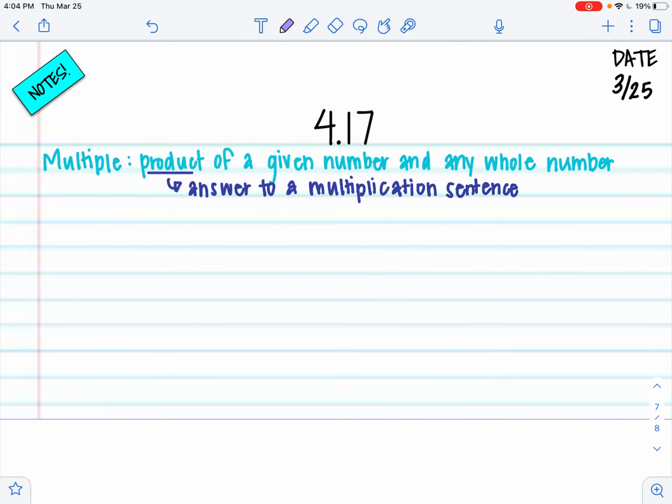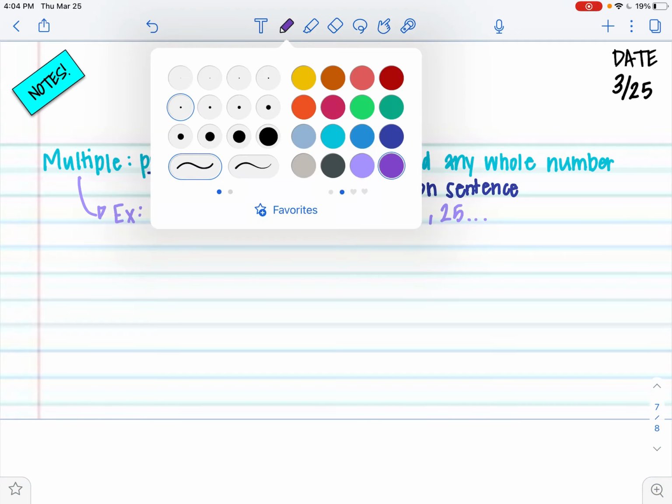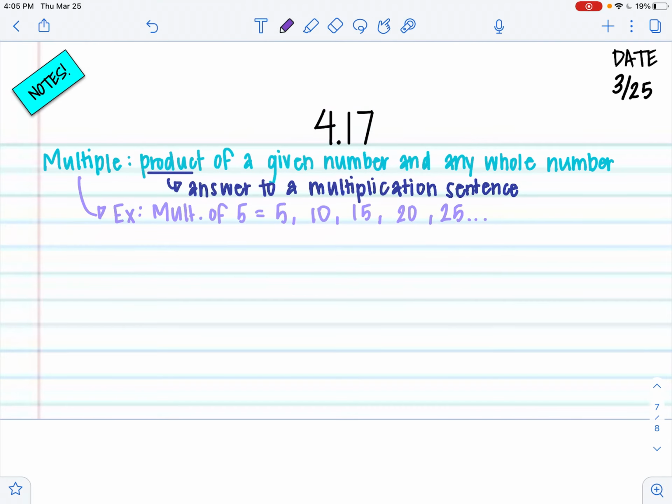So, for example, let's say we were looking for the multiple of 5. Multiples of 5 are 5, 10, 15, 20, 25, and so on. And it's connected to what we just wrote, the product of a given number.